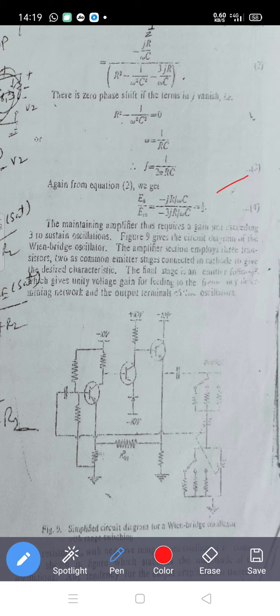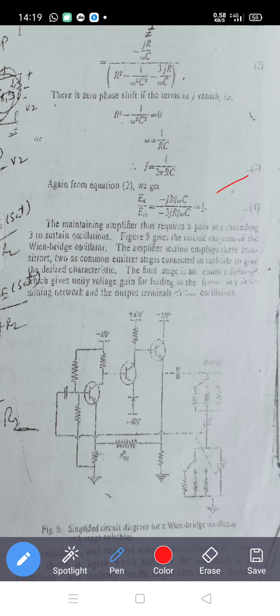What is the equation for Colpitts? For the frequency, it will be omega equal to omega 0 divided by under root 1 minus x1 x2 divided by HI HOE, and the condition for the sustained oscillation will be HFE equal to C2 by C1. Already I have given you detailed notes of all the oscillators.